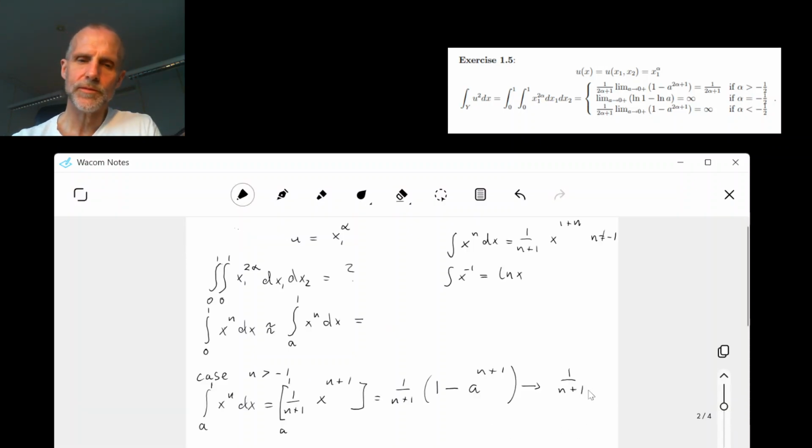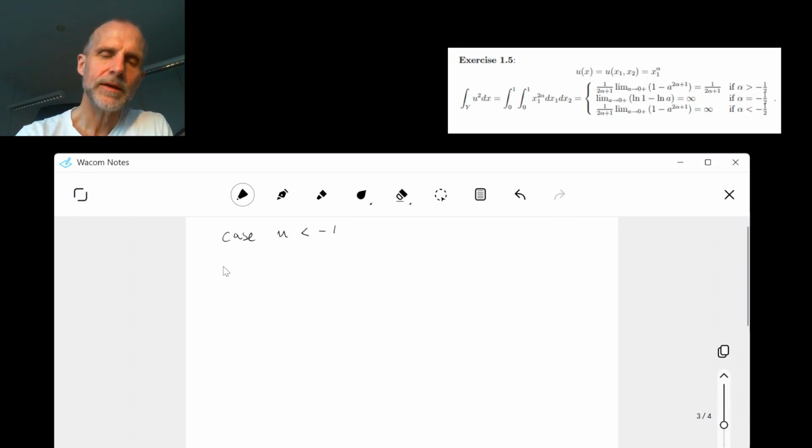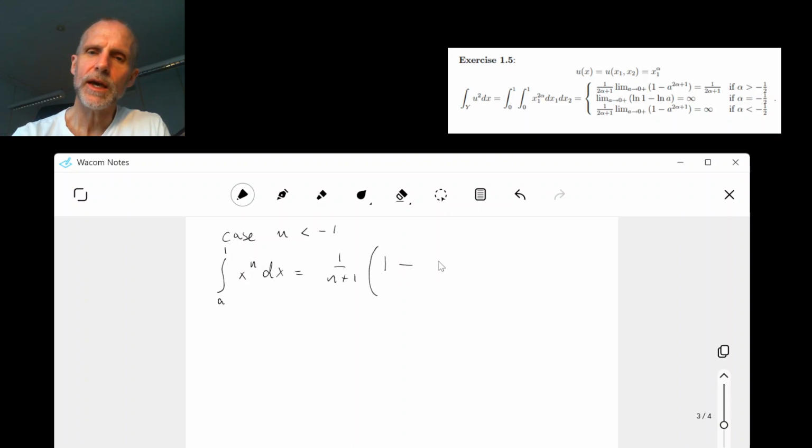Well, now we have that the integral from a to 1 of x to the power of n is just equal to, similarly as in the first case, 1 over n plus 1, and we have 1 minus a to the power of n plus 1, exactly as before.